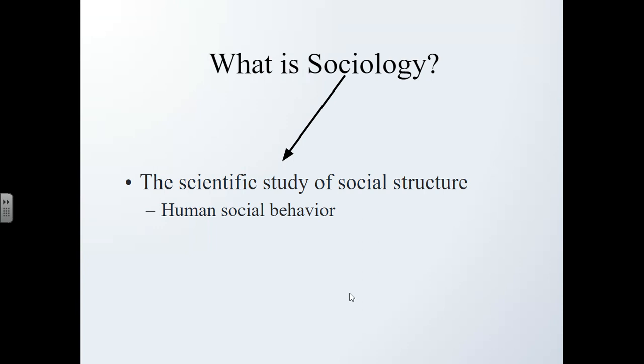But to break this down into what they call layman's terms, we're going to be studying human social behavior, not as an individual, but as a whole, the masses. How society functions, and why things like crime happen as a whole. The who, what, when, where, why, and how of poverty, of crime, of race issues, of how we function as a society.